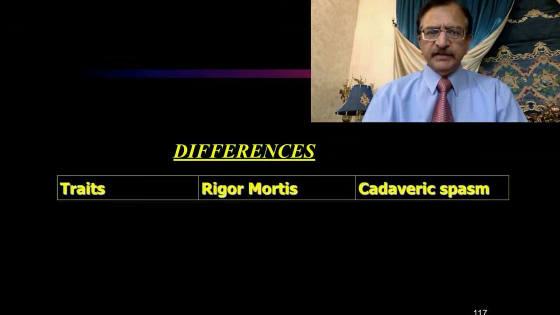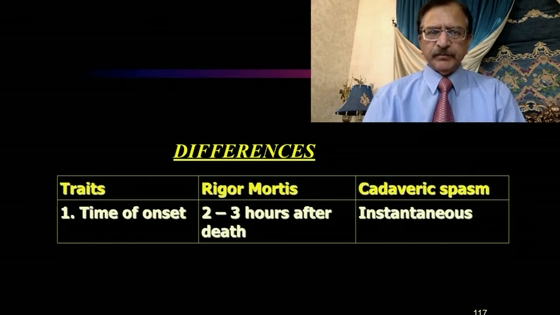So, the difference between rigor mortis and cadaveric spasm. Regarding the time of onset, rigor mortis develops approximately 2 to 3 hours after death, whereas cadaveric spasm instantaneously develops at the time of death.